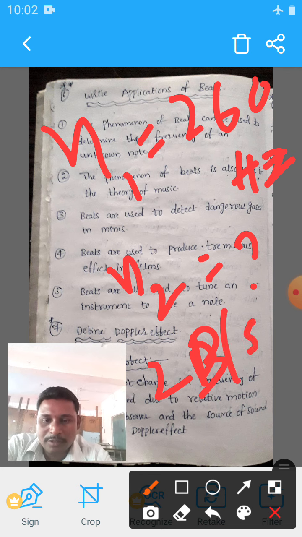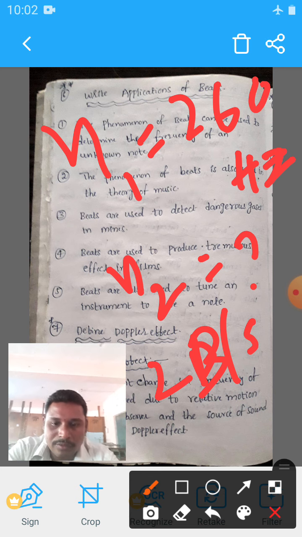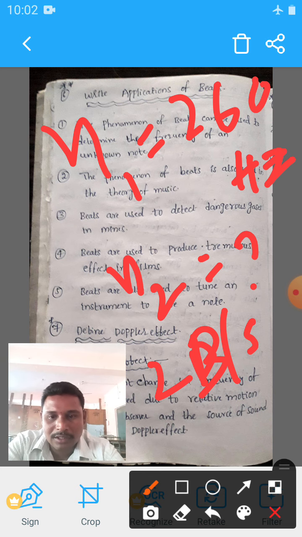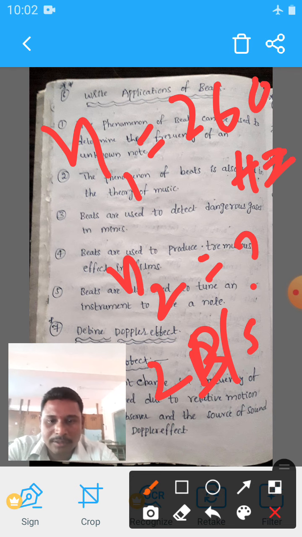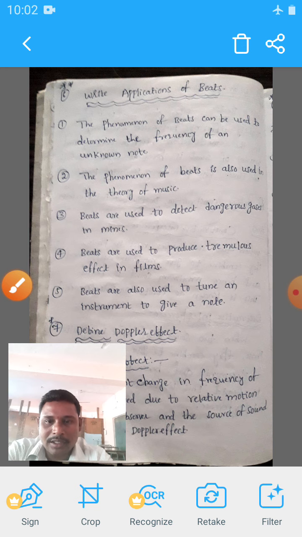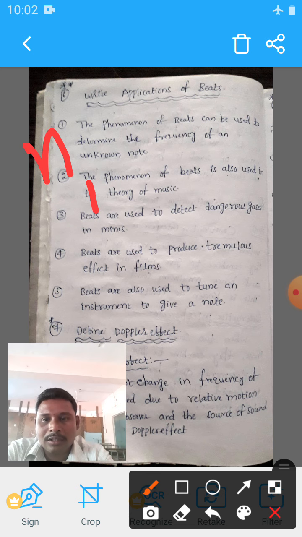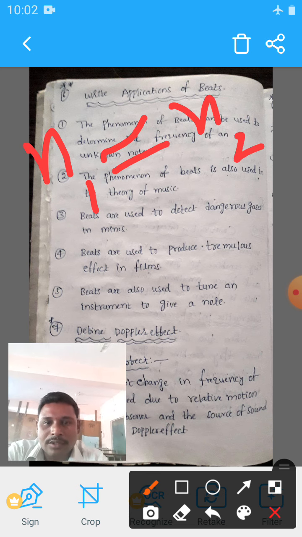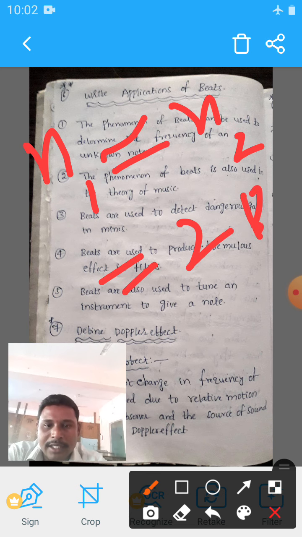That means beats are two waves having slightly different frequencies, and both should be near each other. So n1 is given, n2 we don't know, and the difference between n1 and n2 gives 2 beats per second.